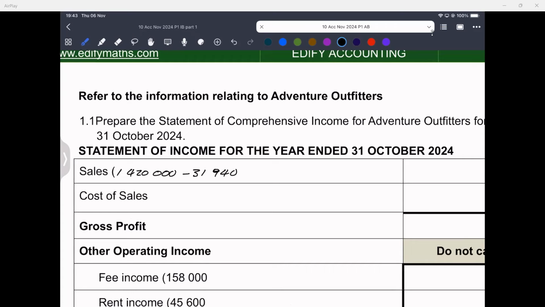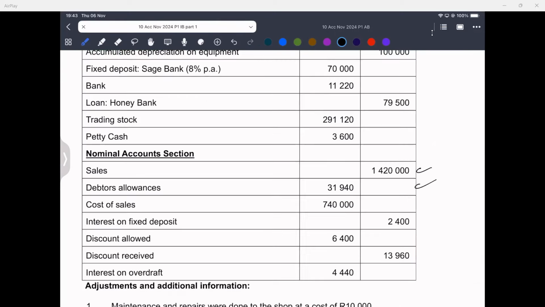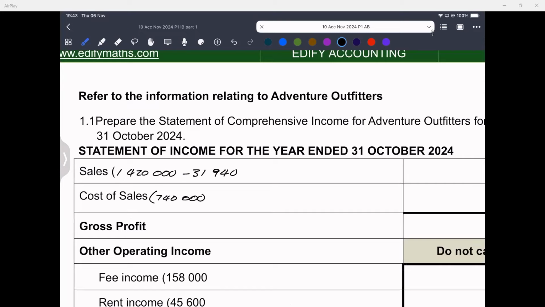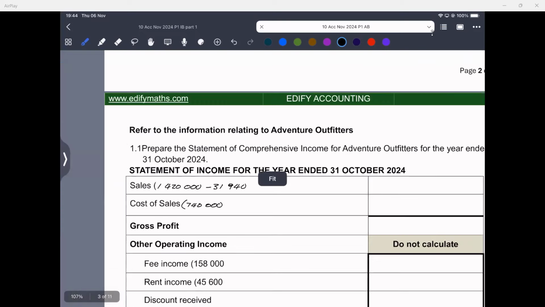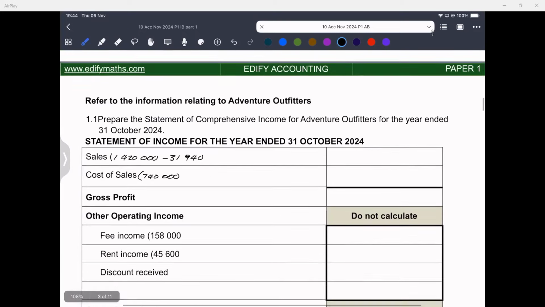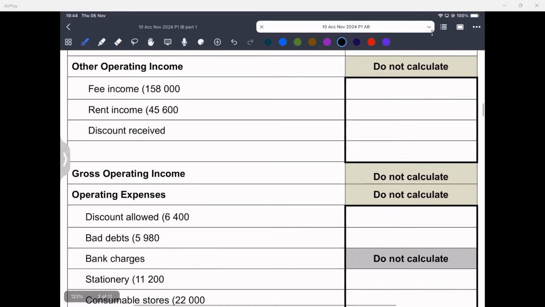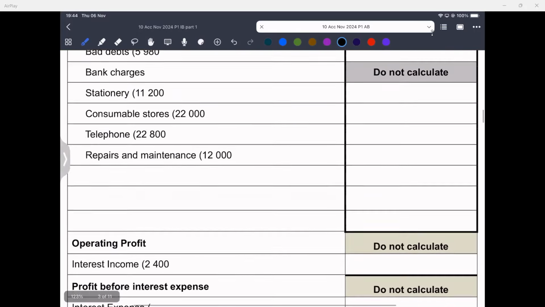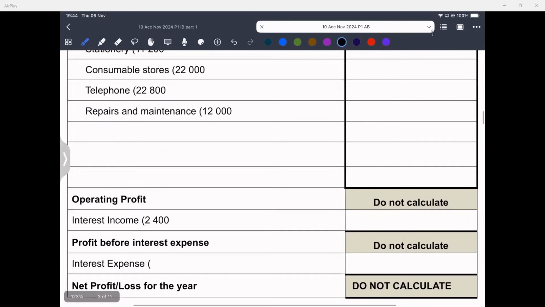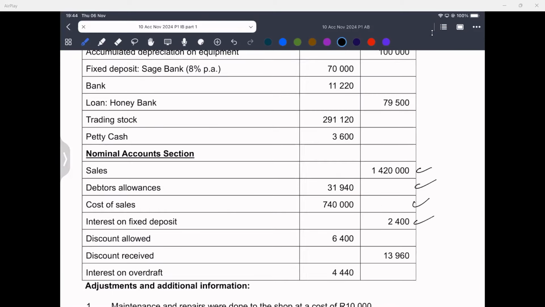And then we have cost of sales amounting to 740,000. That is done. We have interest on fixed deposit. Interest on fixed deposit is not under operating income, but you'll normally find it at the bottom of your statement of profit or loss. And it's right there under operating profit, which is 2,400.